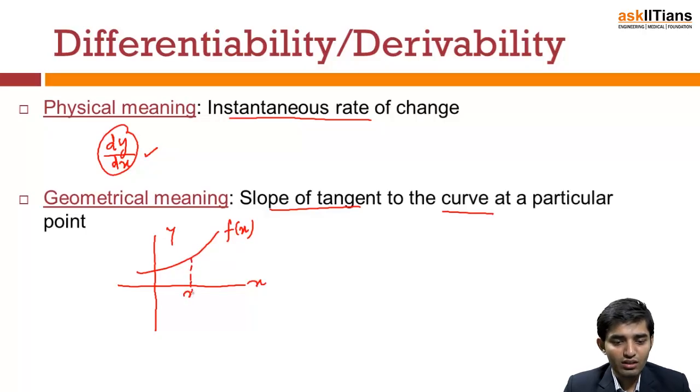Suppose this point is x equal to x naught. Now if I want to know dy by dx at this point, let me say this point is point A, then dy by dx is the slope of the tangent at this particular point. So the slope of this tangent is nothing but dy by dx at x equal to x naught.